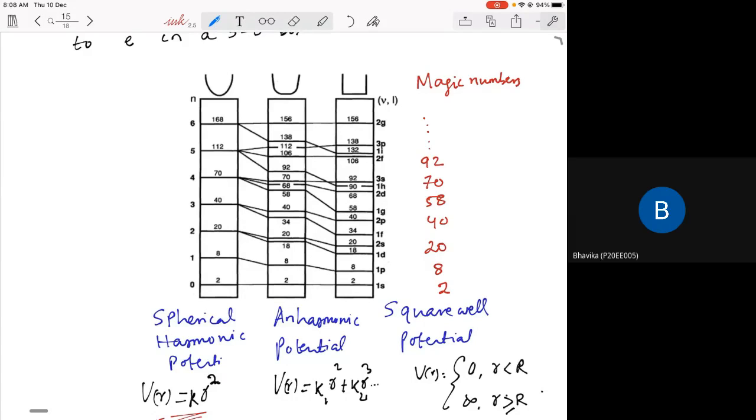So you always have to start with something which is easier. You can take a spherical harmonic potential like shown on the left, or a box-like potential.